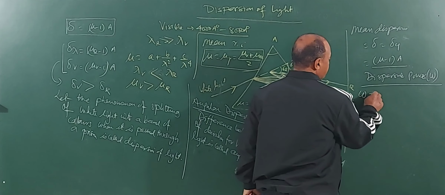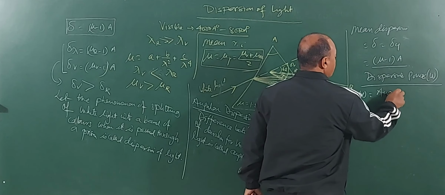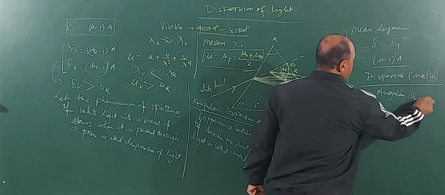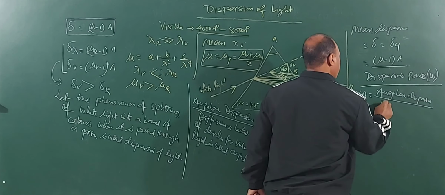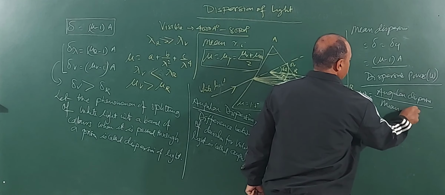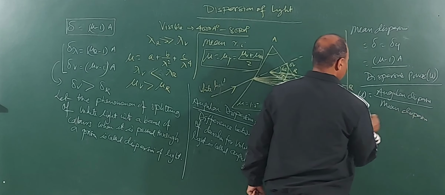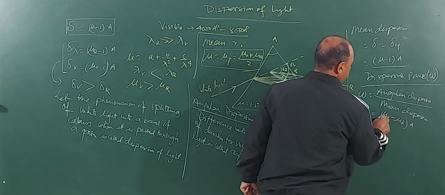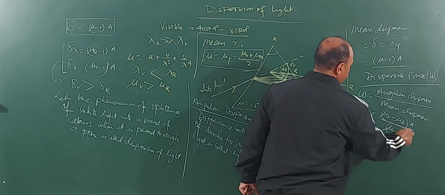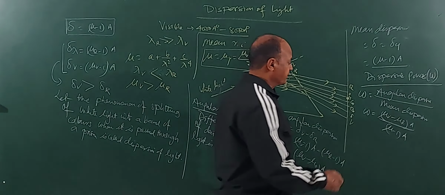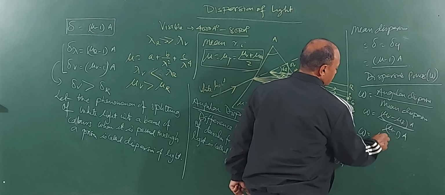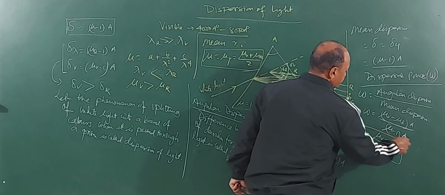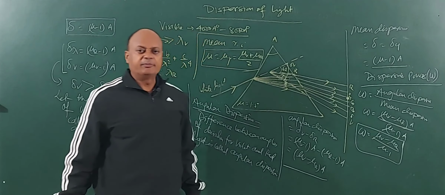So, dispersive power omega is equal to angular dispersion by mean deviation. Omega becomes (mu v minus mu r) into A divided by (mu minus 1) into A. You can cancel out A and A. So, omega will be equal to (mu v minus mu r) divided by (mu minus 1). So, this is the dispersive power of a prism.